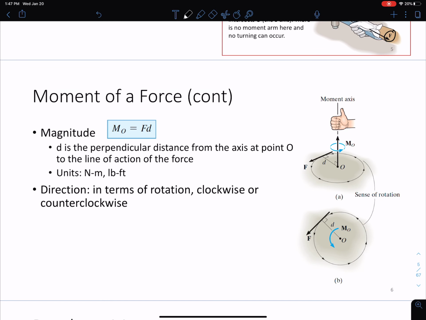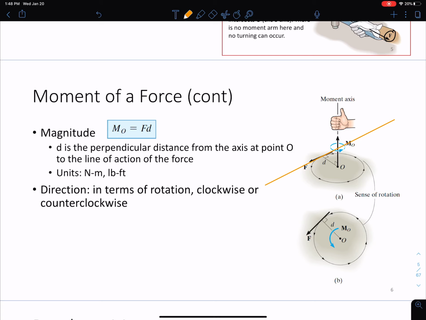So, as you may understand now, to get the moment of a force, I take the force and multiply it by my d, my moment arm. And d is the perpendicular distance from that axis of rotation, which in this case is point O, to the line of action of the force. And what does the line of action of the force mean? It is the line which that force acts upon.